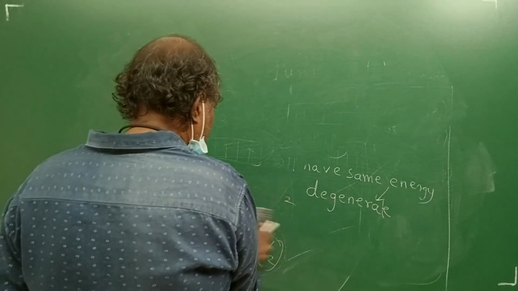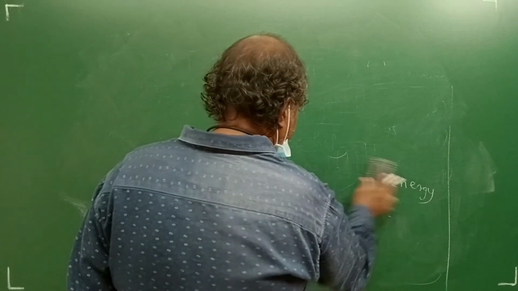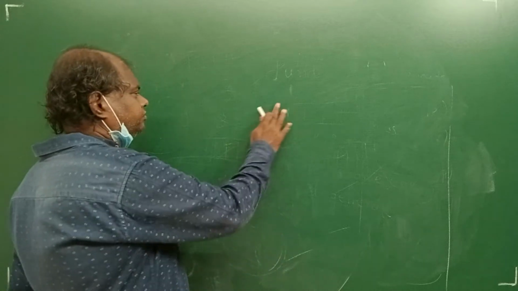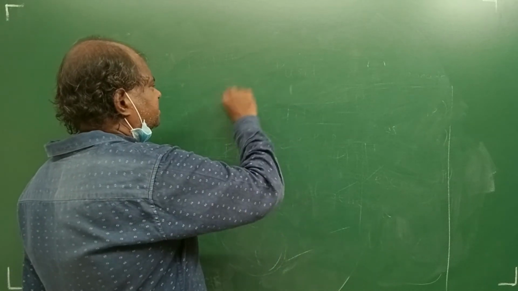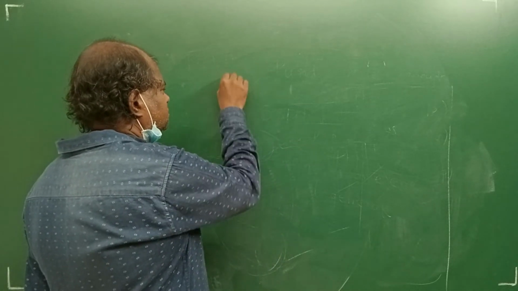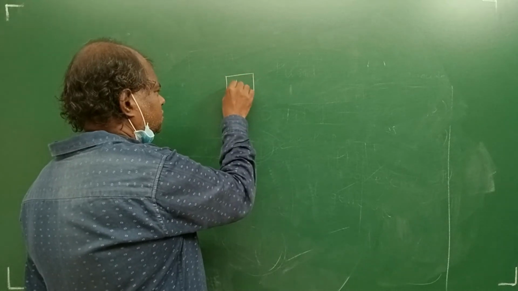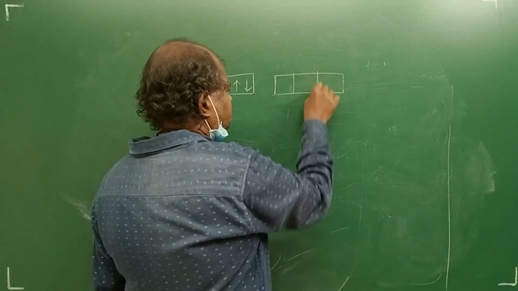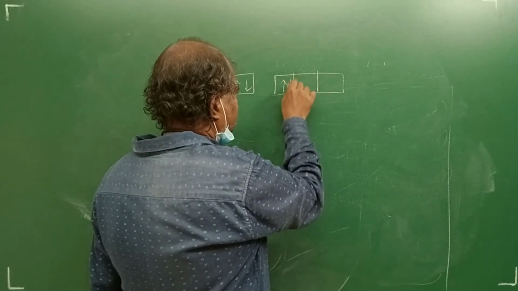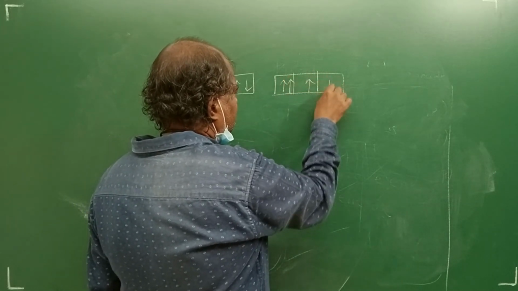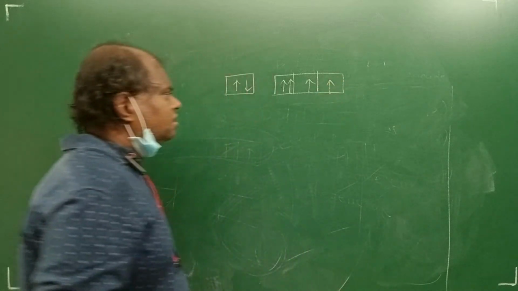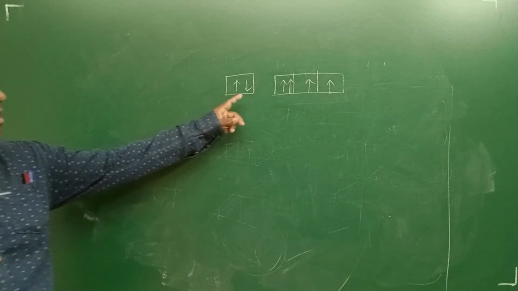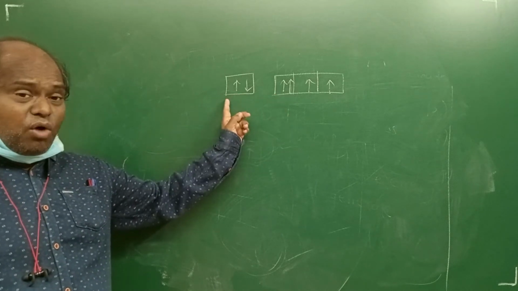Now what type of questions will you get in this? Let's see some questions. Suppose in the exam they give you an arrangement like this, and they will ask you, this arrangement violates which rule?